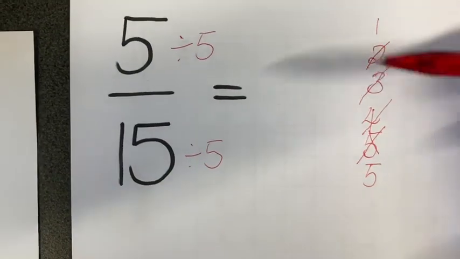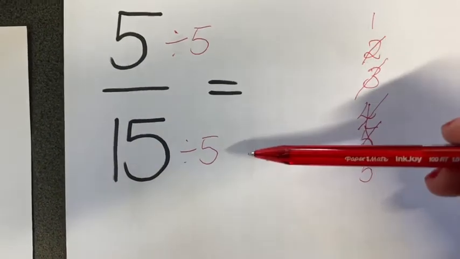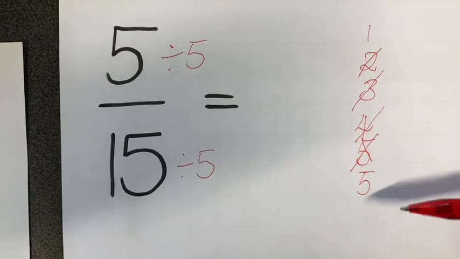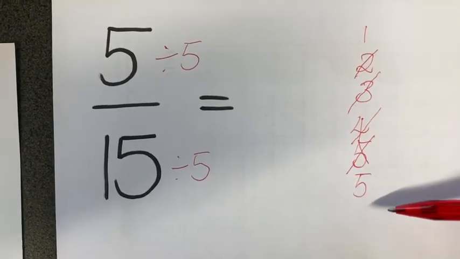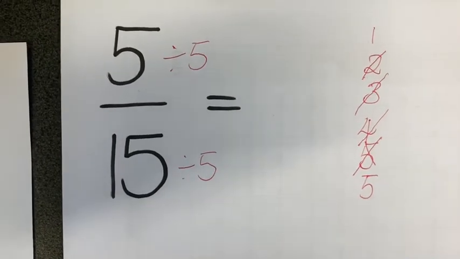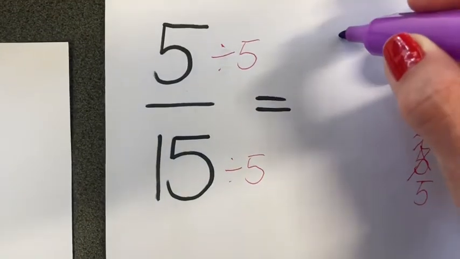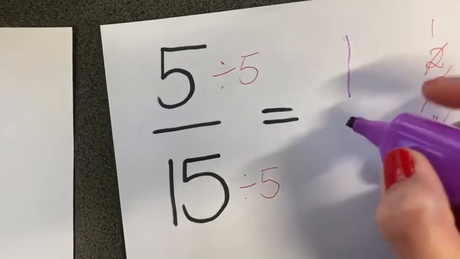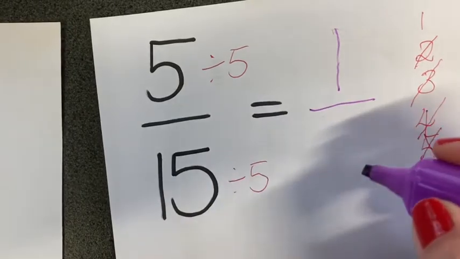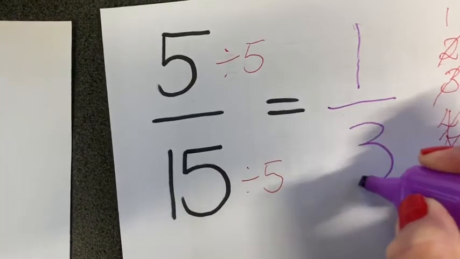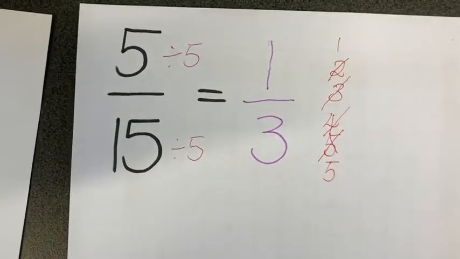Remember, we're looking at if the number can go into both. And then we look on the side, and 5 is the highest one. So 5 divided by 5 is 1. 15 divided by 5 is 3.